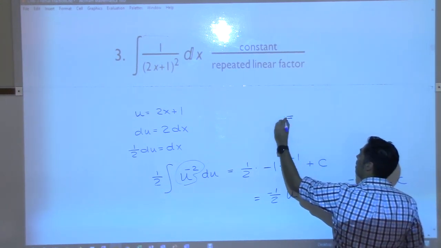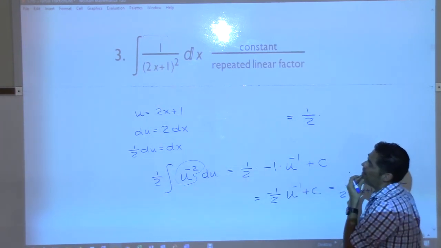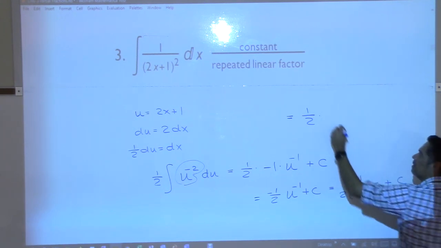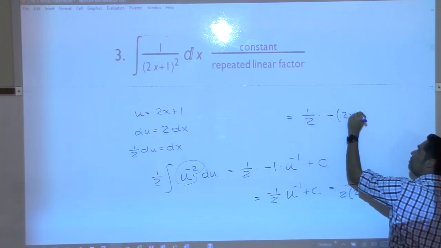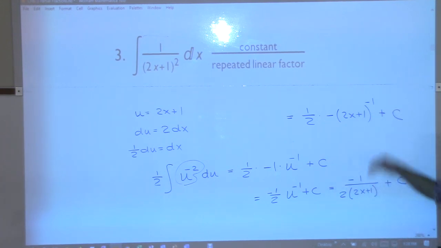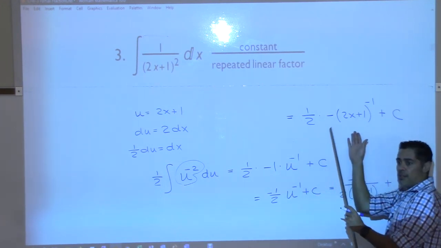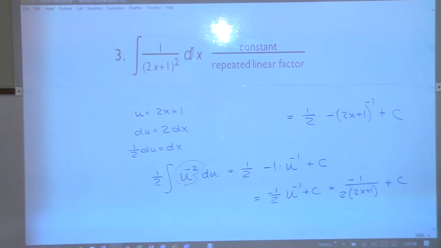I'm going to have 1/2 there to scale out that 2 in front, right? And then I'm thinking to myself, I've got 1 over u squared, which is u to the -2. The antiderivative of that is -1 times u, which is 2x plus 1, to the -1 plus c. And that's the same answer, right? Okay, so like I said, you want to try and get to this point. I know it's not realistic for everyone to get to this point right now. You always have this, but like I said, time is something that's valuable to us on a test.